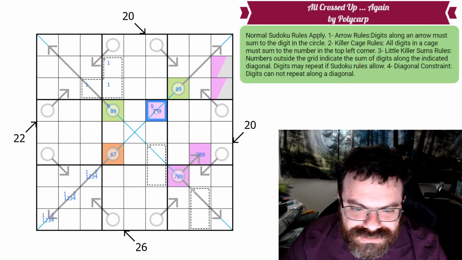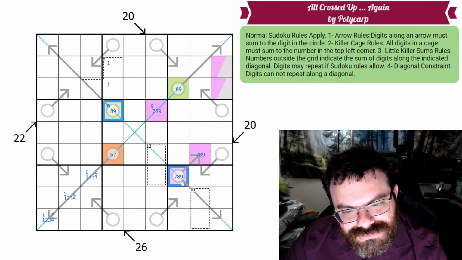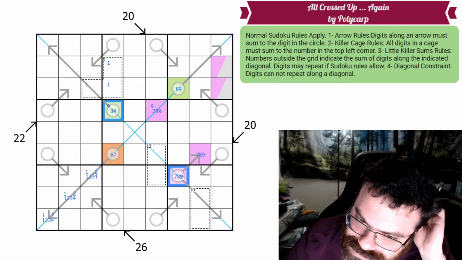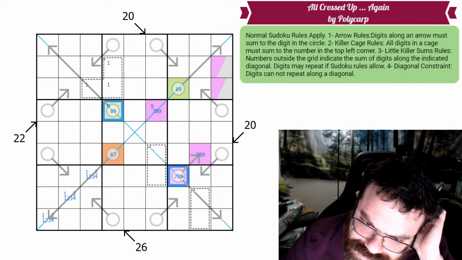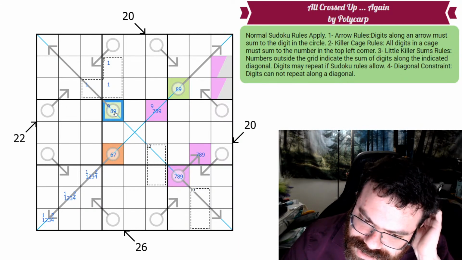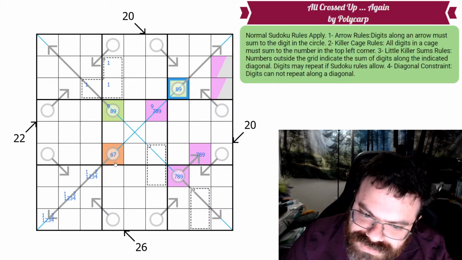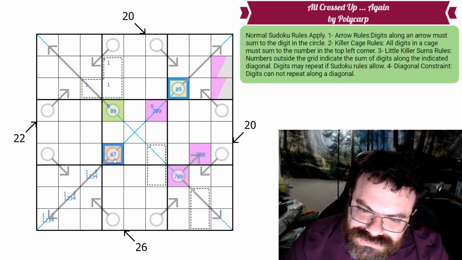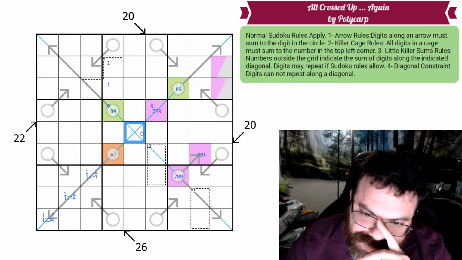Again, if purple were 9, green is 8. Oh wait, purple would be... No, I did that wrong. Purple is 9. Green is 8. 8 would be with 7. Center would be 6.